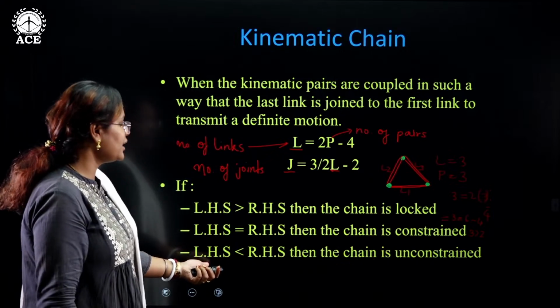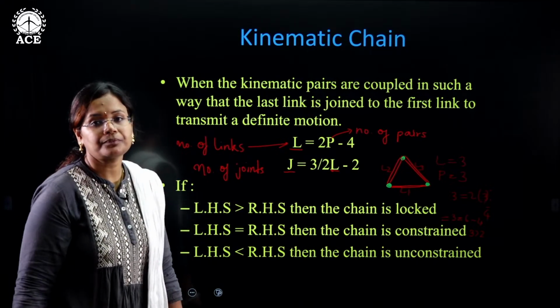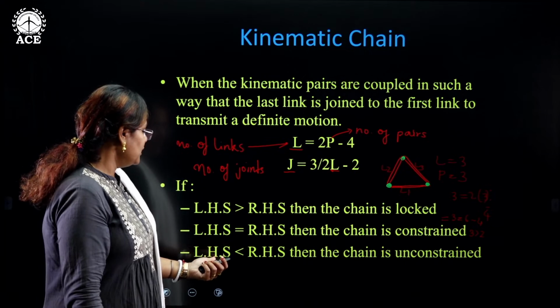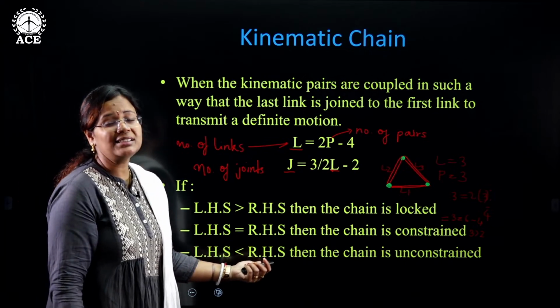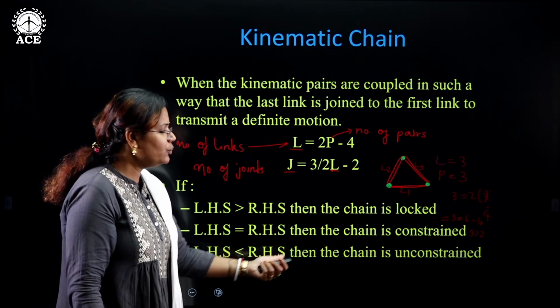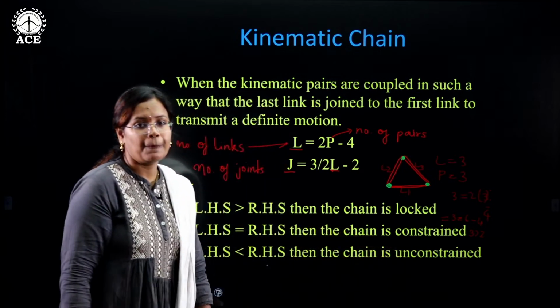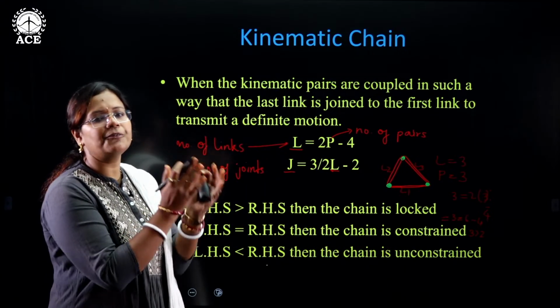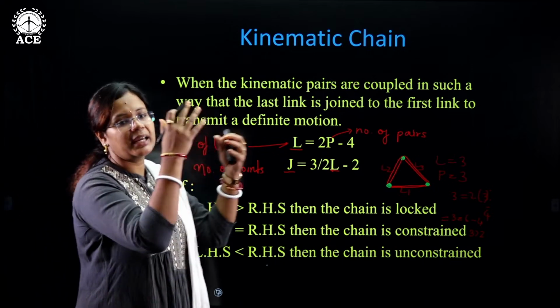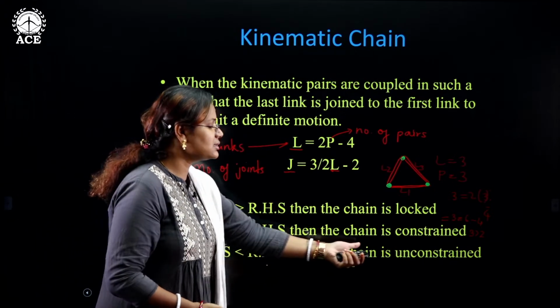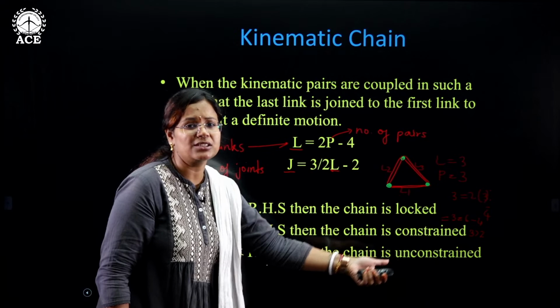Let us say if I take the number of links as 2, LHS will fall under the less than RHS condition, which will of course be unconstrained. Unconstrained again means it will not have any definite path. It can move in a number of directions. That is the meaning of unconstrained motion.